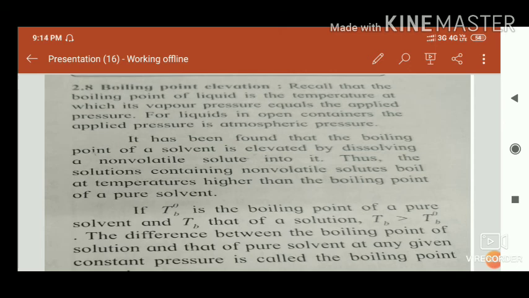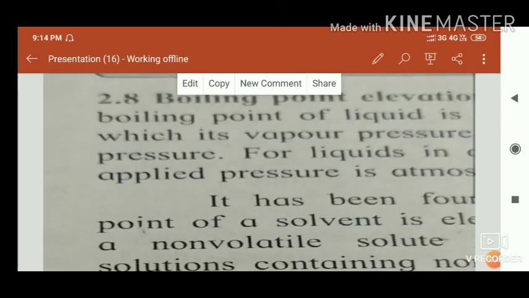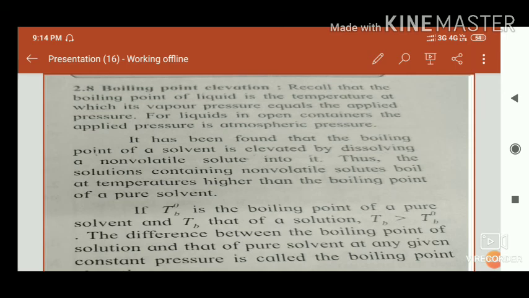The boiling point of a liquid is the temperature at which its vapor pressure equals the applied pressure. For liquids in open containers, the applied pressure is atmospheric pressure.